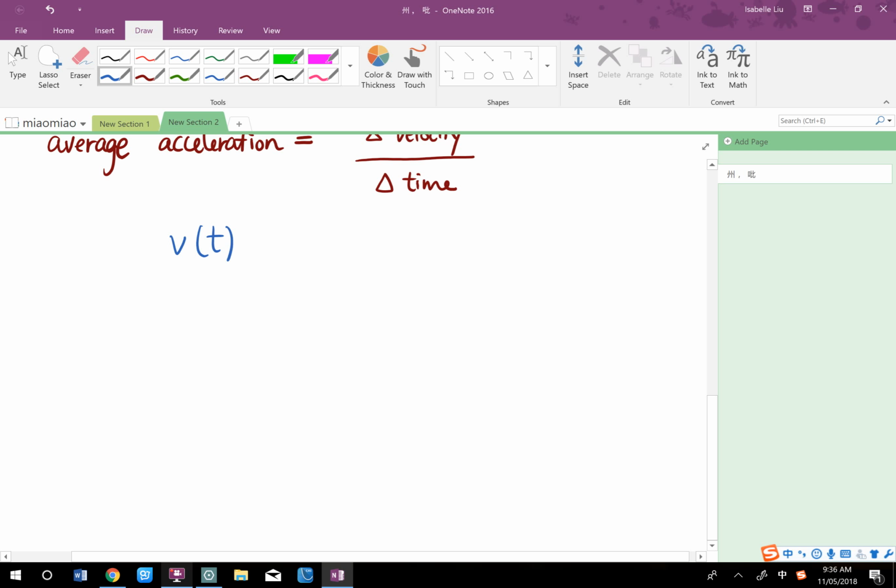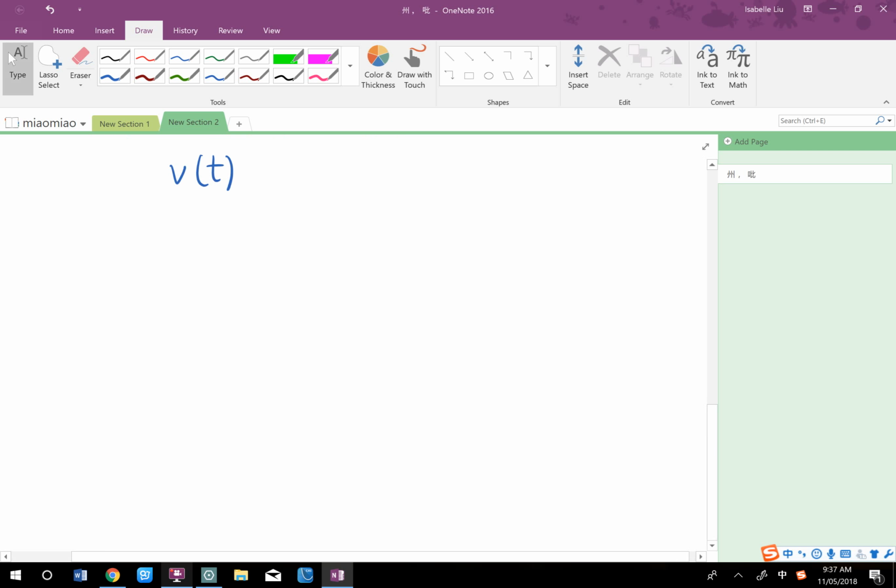If you have xt, vt, and at and they ask you to select only one, I will select the vt because vt can give the most pieces of information. So if we sketch a vt graph, I'll give you an example, any example will work.